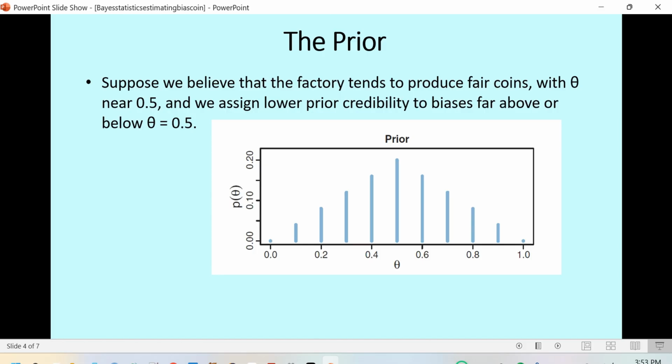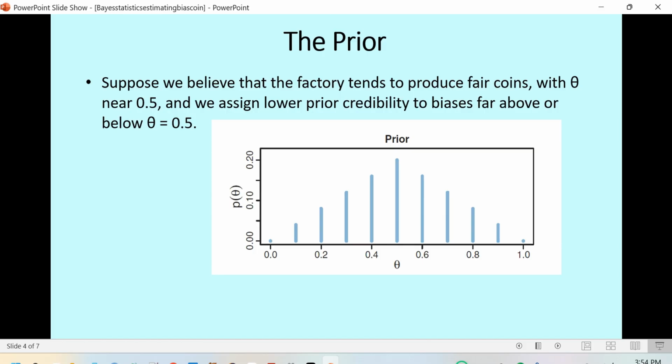For example, for a coin made in a factory, we have a very common understanding that the factory will make the coin fair, so returning head and returning tail will be very close to each other.